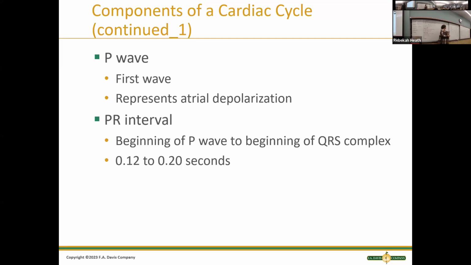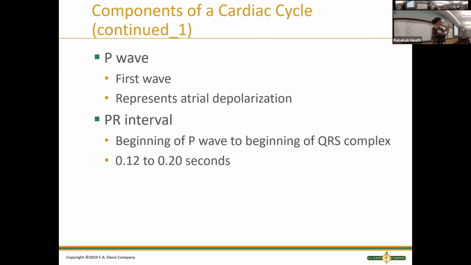Remember, when we're looking at our conduction system, that's important because when the SA node is the boss right now and it fires, we want to know how long it takes to travel down and start the QRS, or start the ventricles firing. That's what we're looking at in the PR interval.